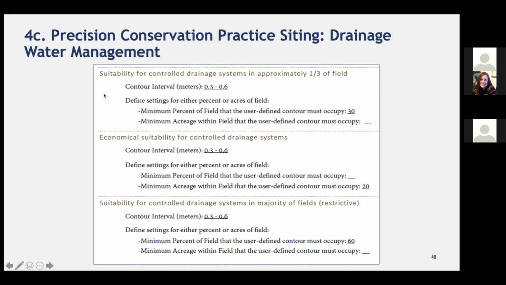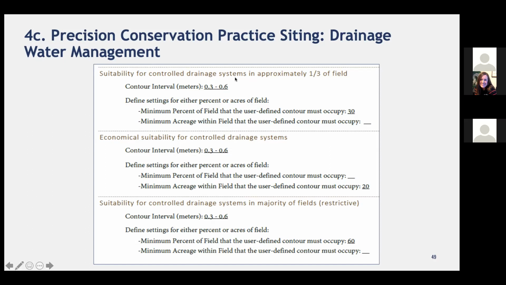In this case, each one of these is going to have the same contour interval, 0.3 to 0.6 meters, again, really sticking closely to that 0.5 meter contour interval range. But then the defined settings for percent or acres may change not only which one might be most appropriate, but also the values depending on what the goal of this practice is for the landowner or stakeholder.